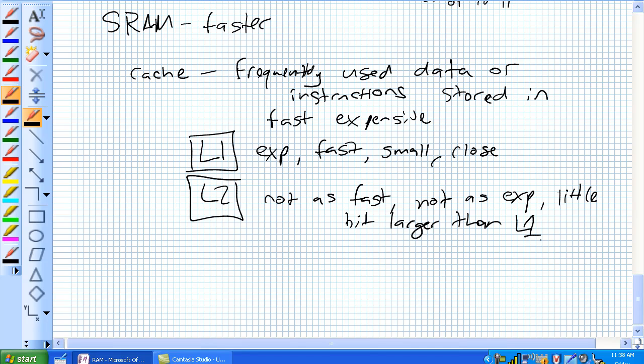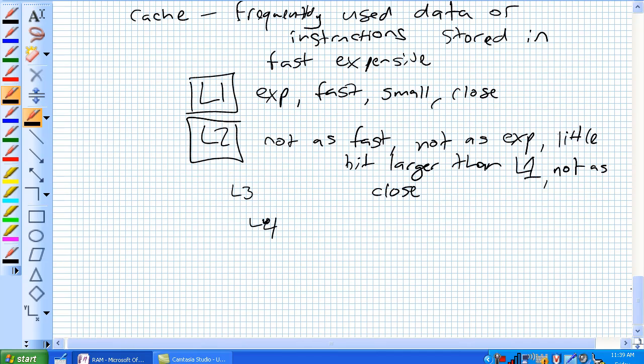And that's not really as close, but still pretty close. So that's something that you're not using all the time, but you do want to keep it close at hand. Then there are other intermediaries, L3, L4, and so on and so forth. But then finally you get to main memory.